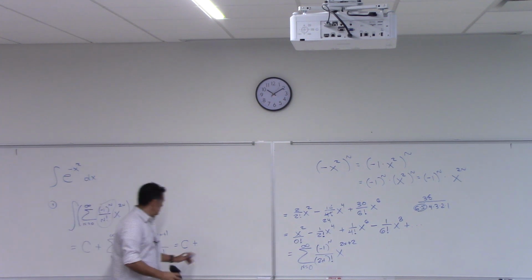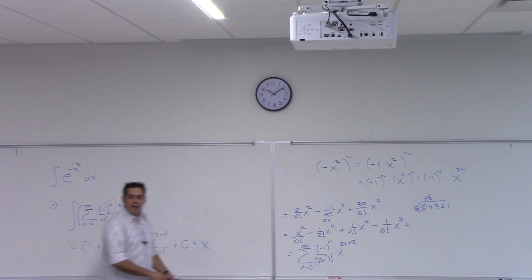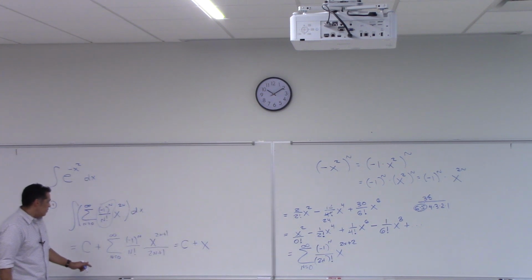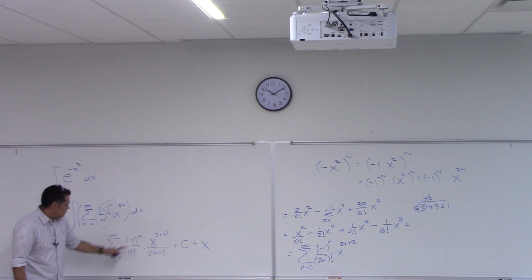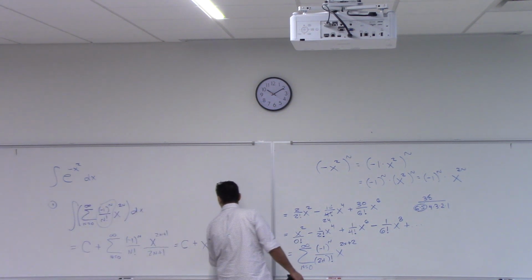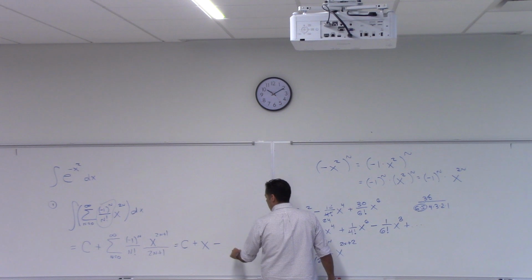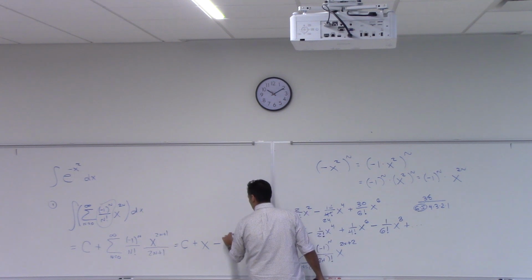So you just get x. Now let n be 1. What happens when you plug in 1? You'll get a negative this time, won't you? And then over 1 factorial, which is 1. So it'll be minus 1 over 1, x to the 3rd over 3.